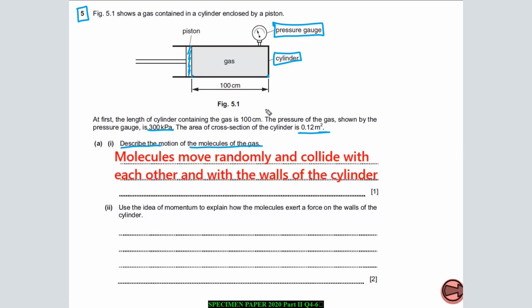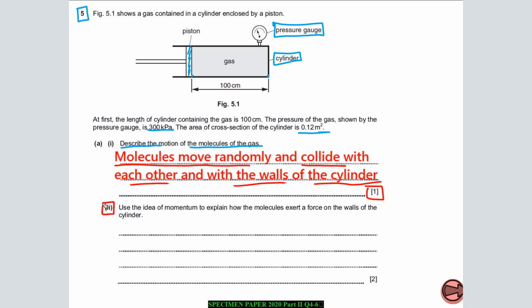Part A is simply asking us to describe the motion of the molecules. This is a very common type of question. We need to understand molecules move randomly and they collide with each other and also they collide with the walls of the cylinder. So this is a very simple one we can answer.